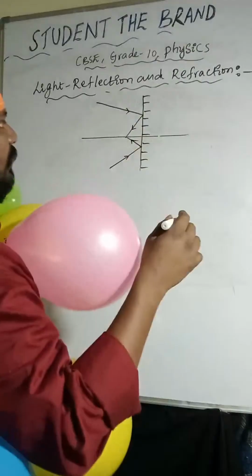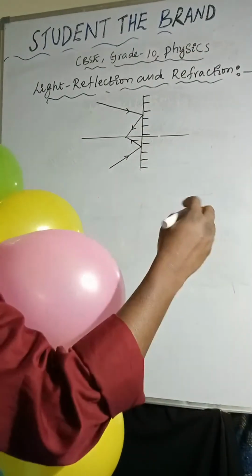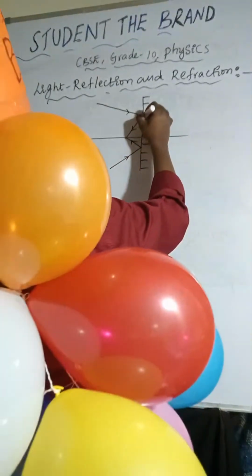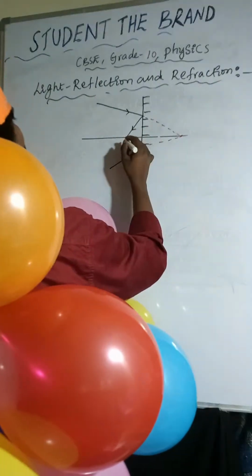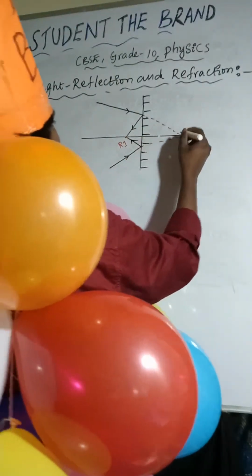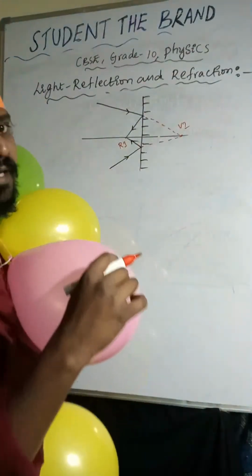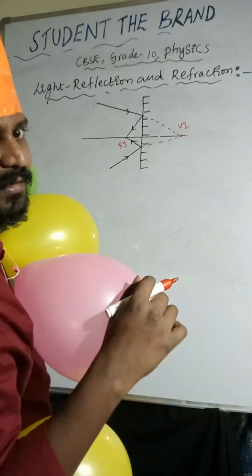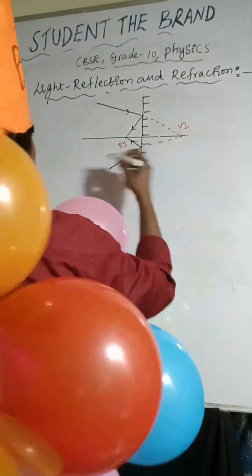If you extend these light rays, they will meet at one point. So this is the real image, and this is a virtual image. Real image and virtual image.